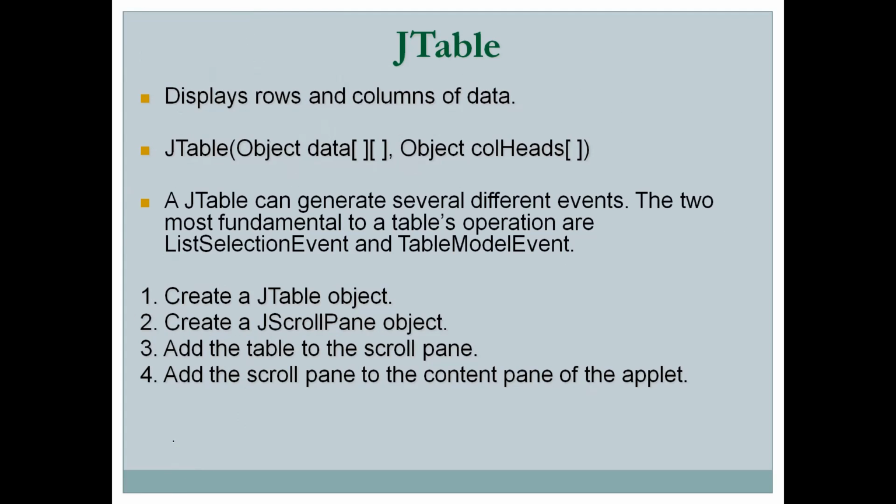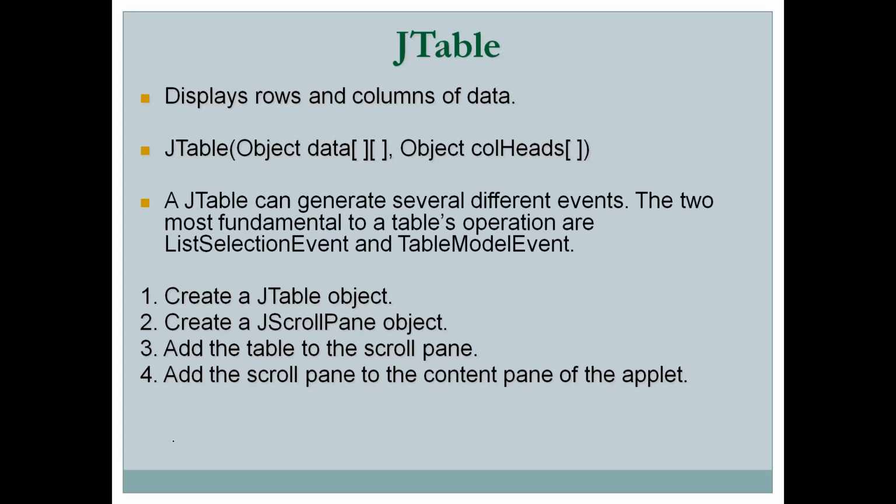The next component is JTable. JTable, as the name suggests, displays content in rows and columns. Many times we want to display some contents in rows and columns. In such cases we can use the JTable component.